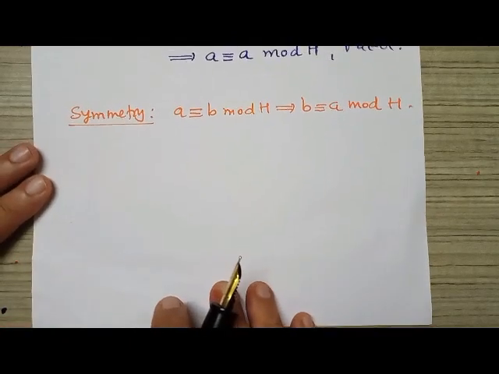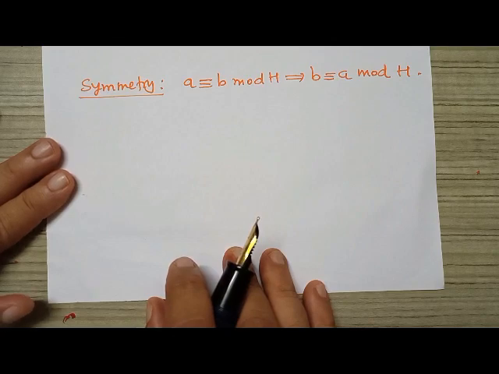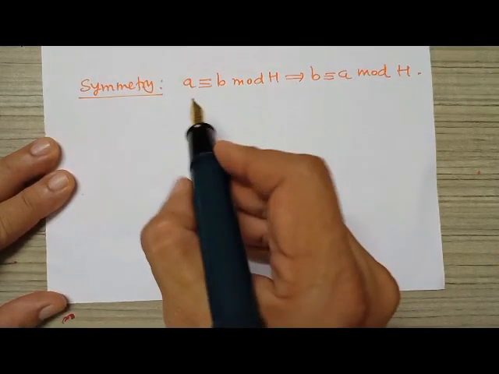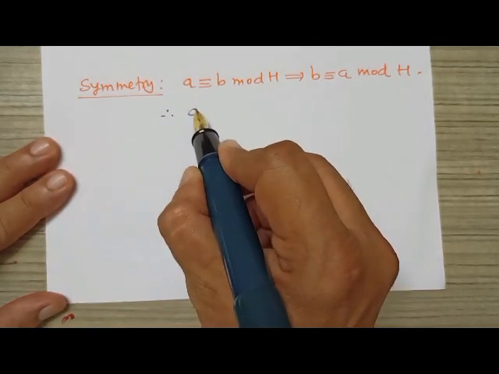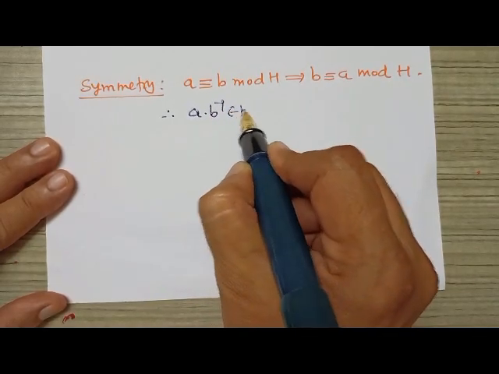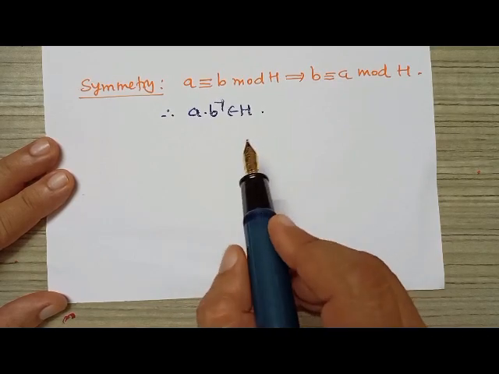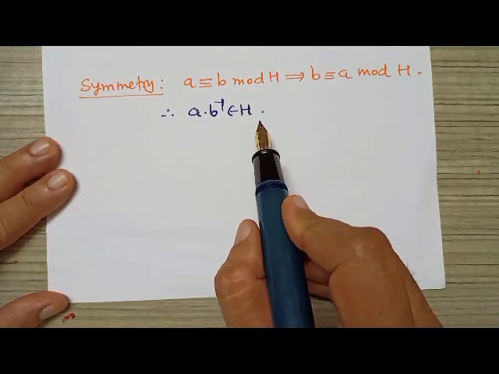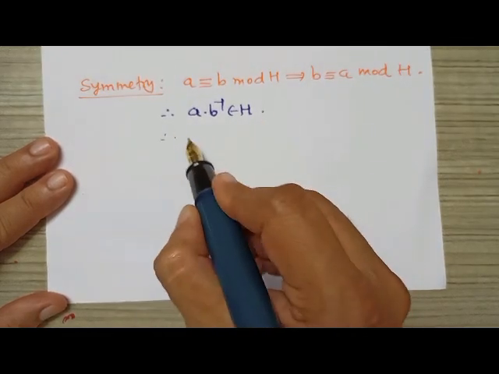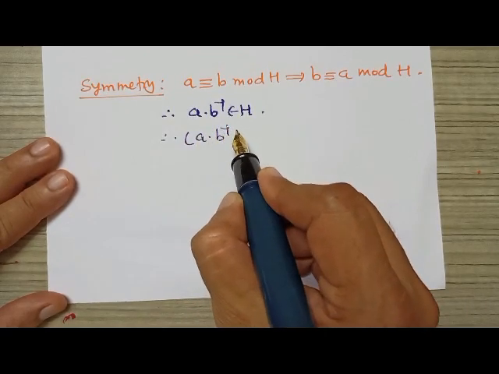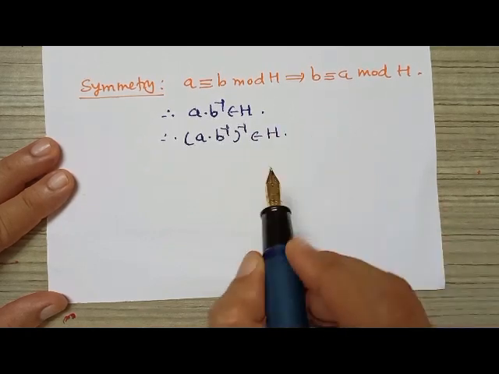That is, A is congruent to B modulo H implies B is congruent to A modulo H. Since A is congruent to B modulo H, we have A dot B inverse belongs to H by definition of congruence relation modulo H. Since H is a subgroup, we know that the inverse of each element also lies in H. Therefore, the inverse of this element, A B inverse, also lies in H.